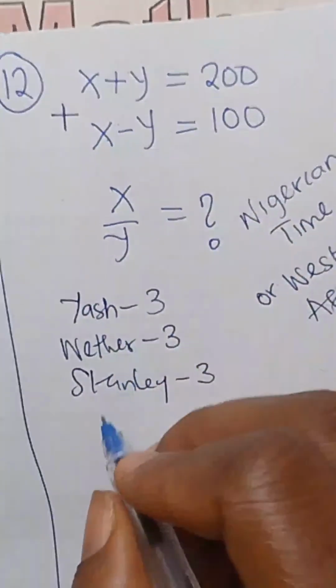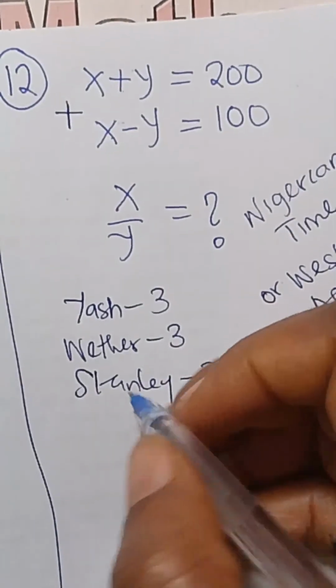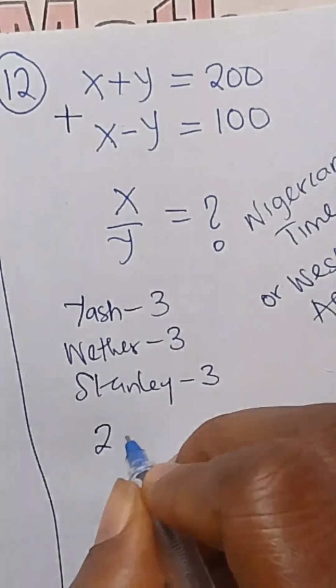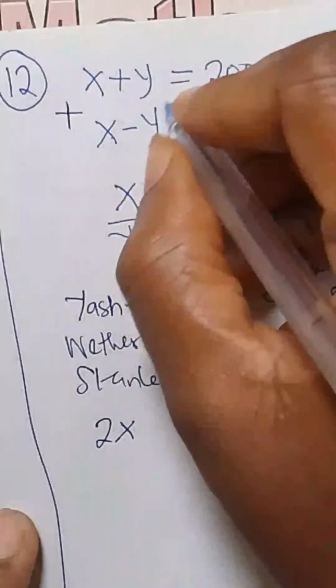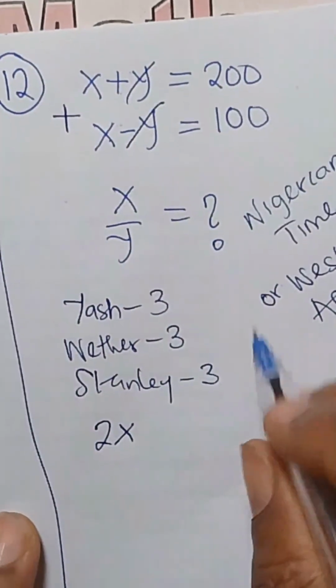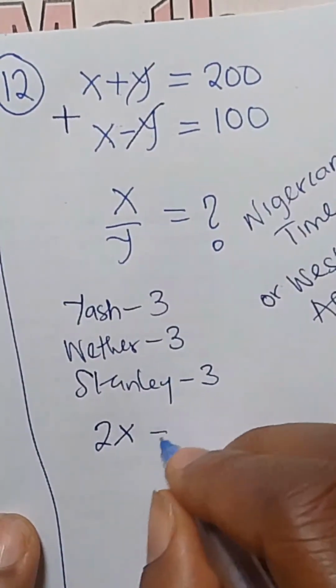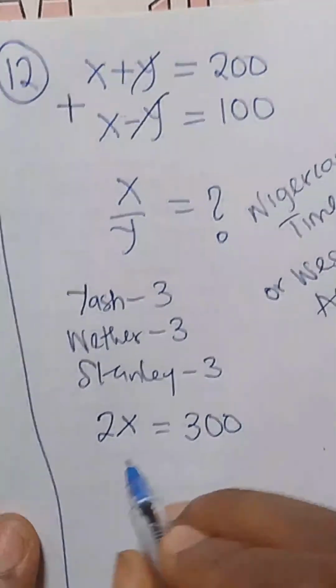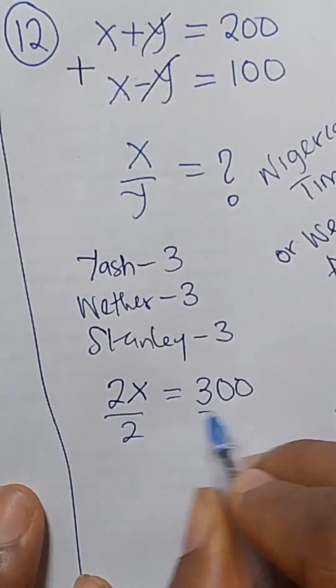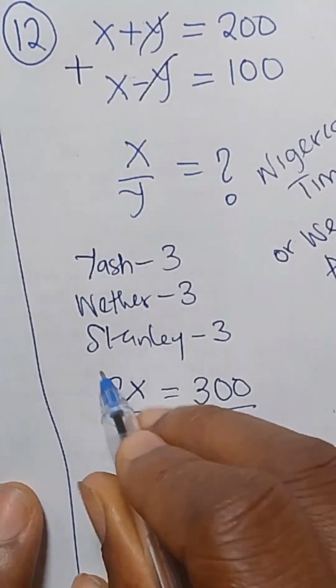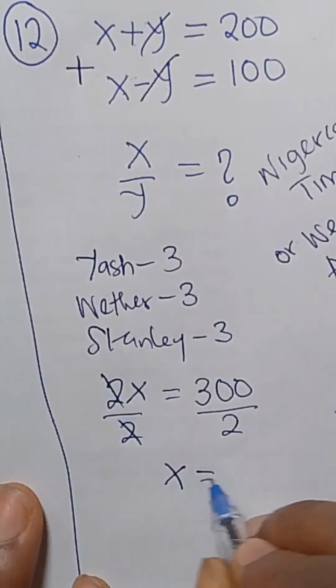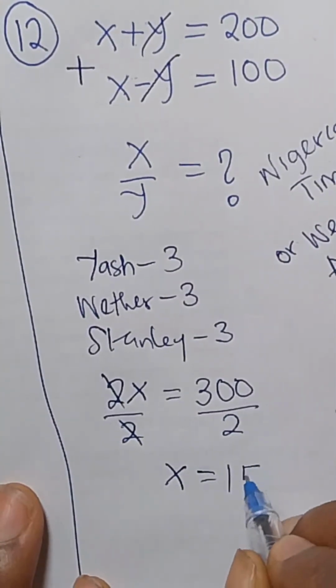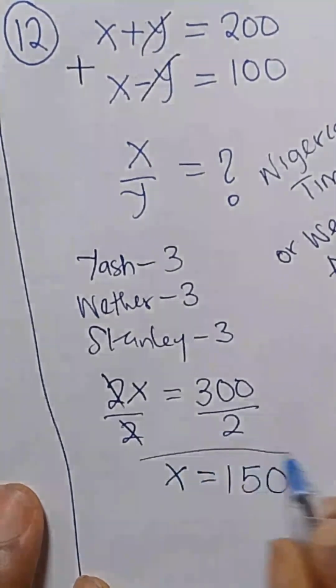X plus x is 2x. The y's cancel. 200 plus 100 gives you 300. Divided by 2. 300 divided by 2 gives us 150. And this is our x.